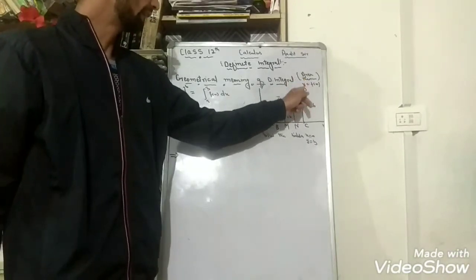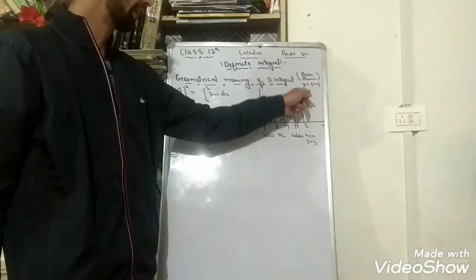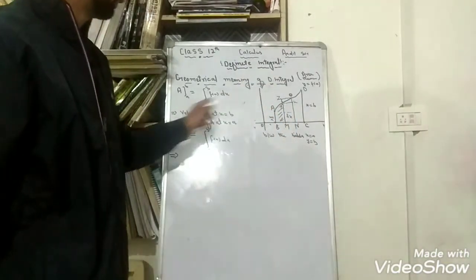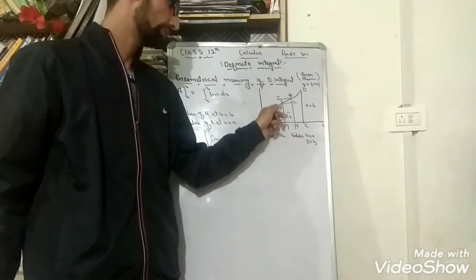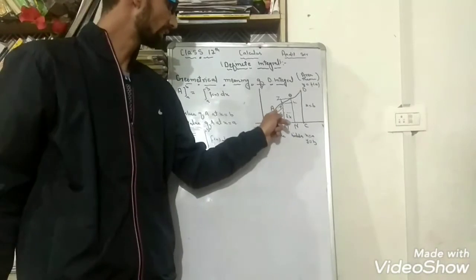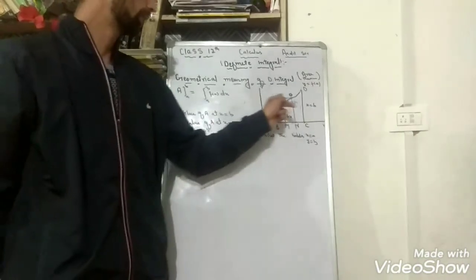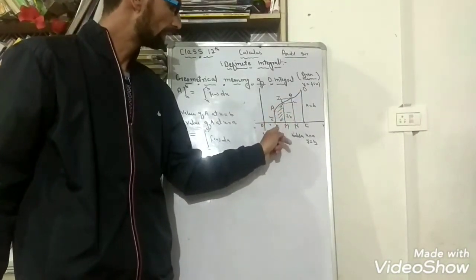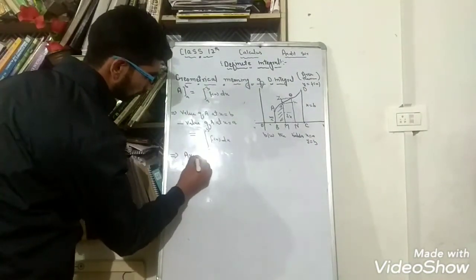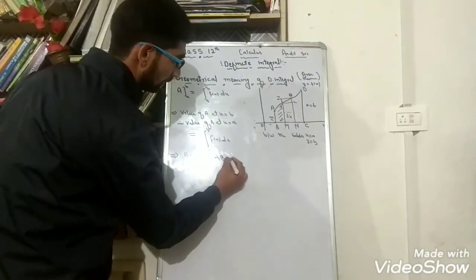So the area under this curve y is equal to f of x and bounded by x is equal to b, if we extend this area to this point, then the value of A at x is equal to b is actually the area of ABCD.